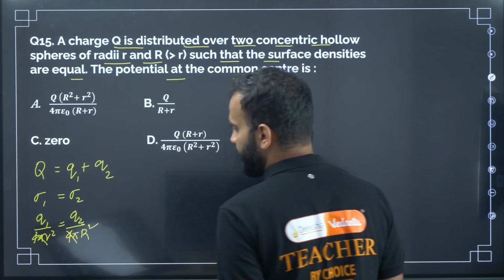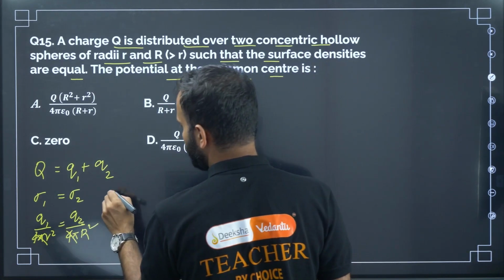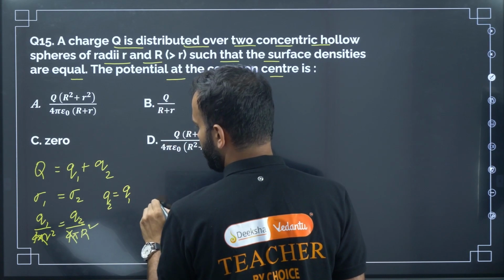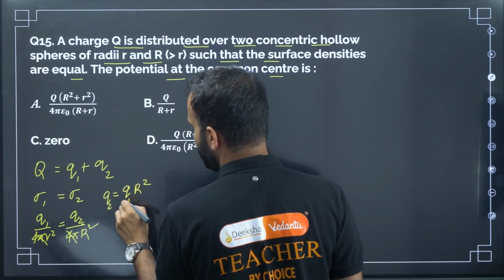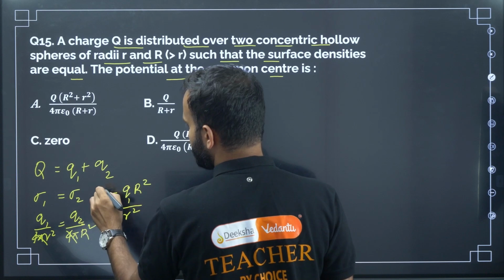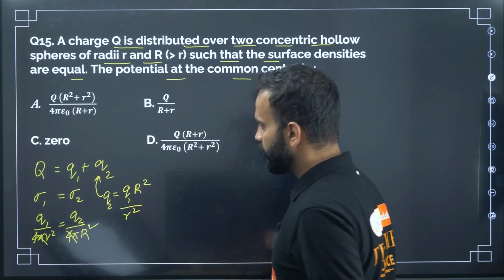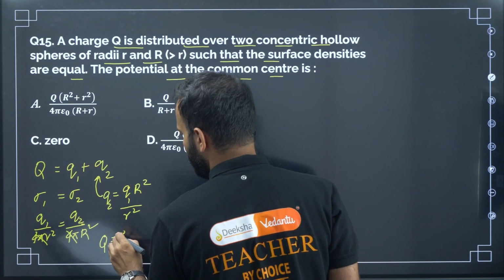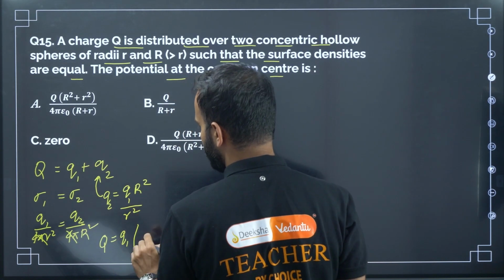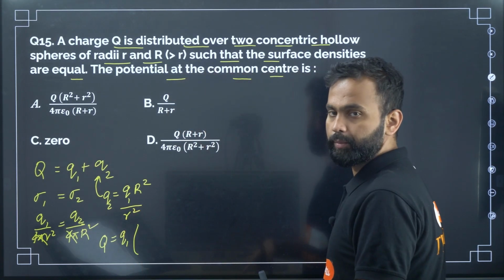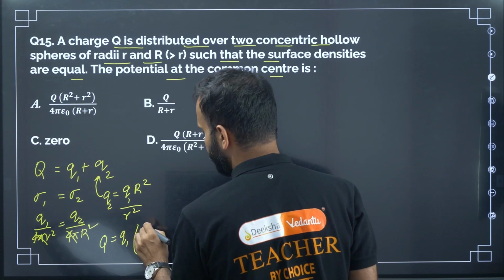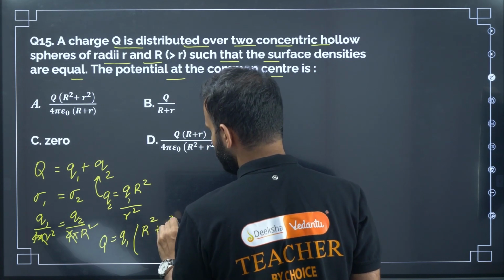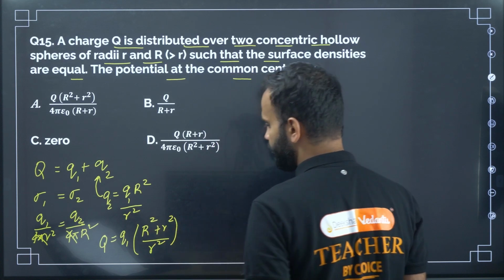So 4 pi will get cancelled, right? So now Q2 is equal to Q1 into R square divided by small r square. Now substitute the expression of Q2 into the first equation. So Q equal to Q1, take Q1 as common: 1 plus capital R square by small r square, so that will be (r square plus R square) divided by small r square.